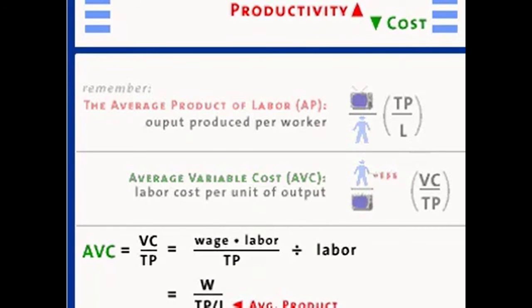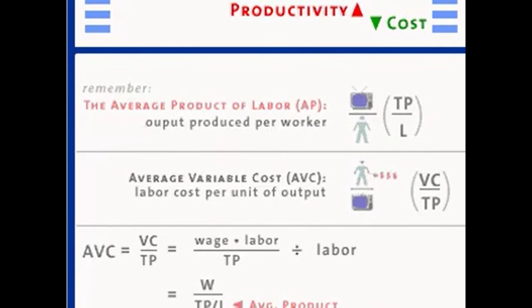What have I just proved? I've just used a few steps of math and logic to prove that the average variable cost, that is the labor cost per television you produce, is equal to the wage divided by the average product, that is the output per worker at your firm.